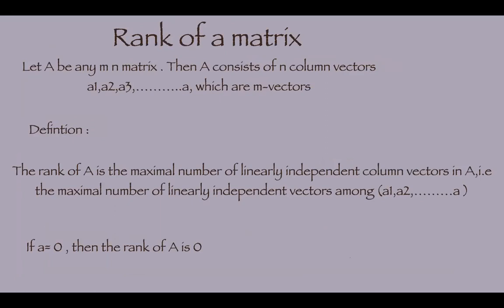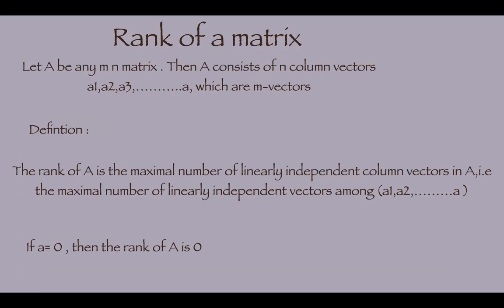Now, the rank of a matrix. Let A be any m by n matrix. Then A consists of n column vectors A1, A2, A3, and so on up to An, which are m-vectors. Let's see the definition.